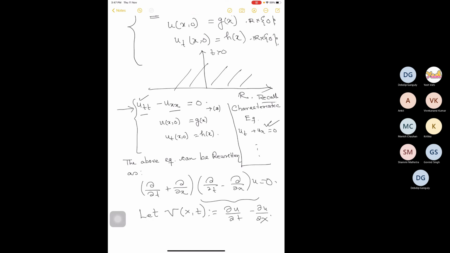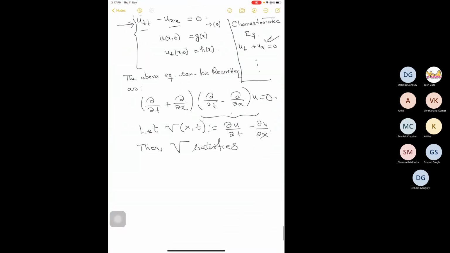Then what equation does v satisfy? v_t plus v_x equal to 0. Very good. Then v_t plus v_x equal to 0.